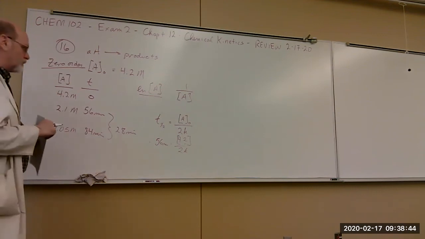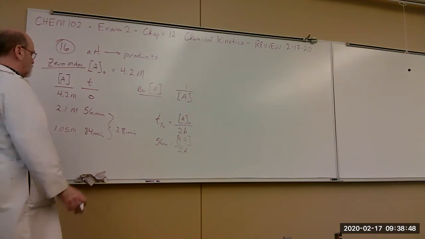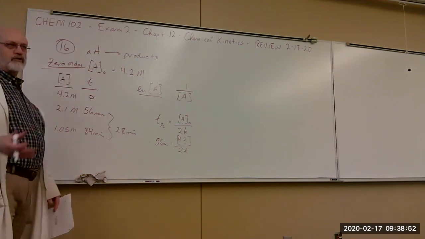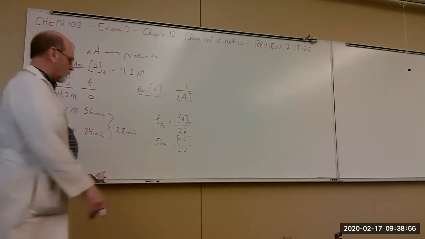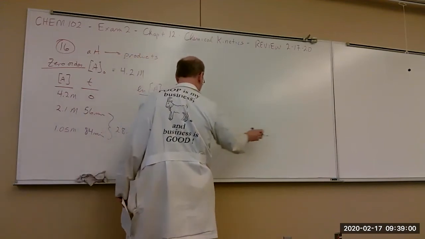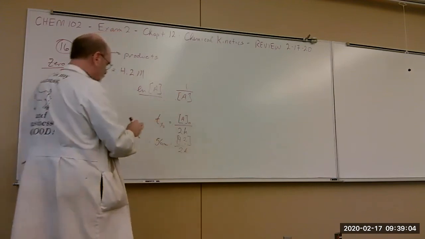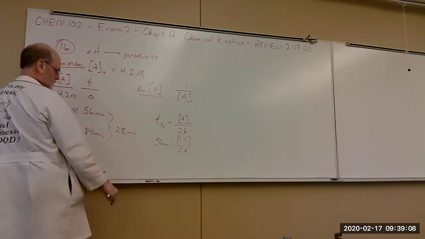Okay? The other thing you could do, if I were nasty, I could just say, what's K? So what are your three choices? Zero order, first order, second order. So you would set up a zero order, first order, and second order calculation. But in that case, you would have to do this one and that one.